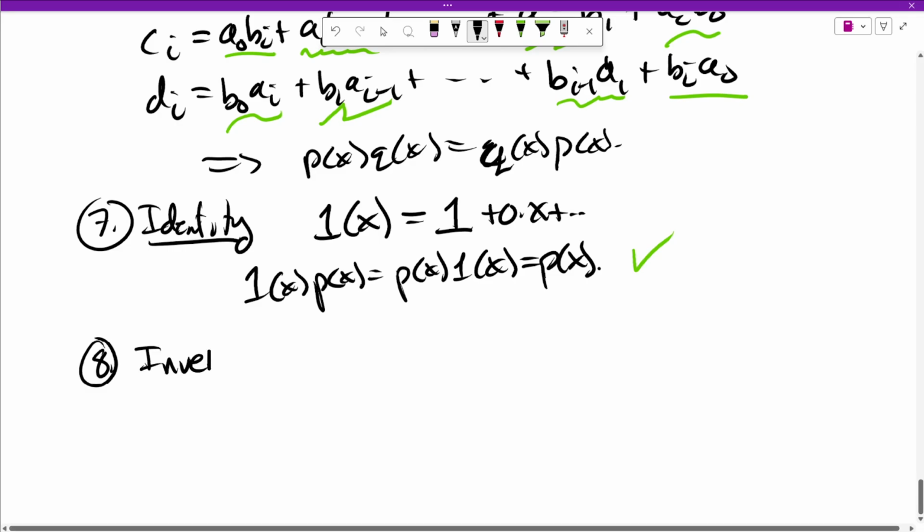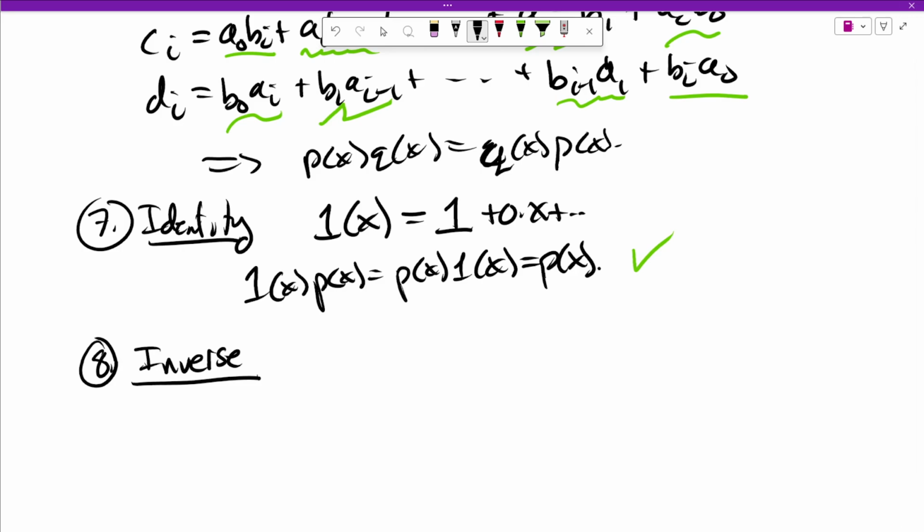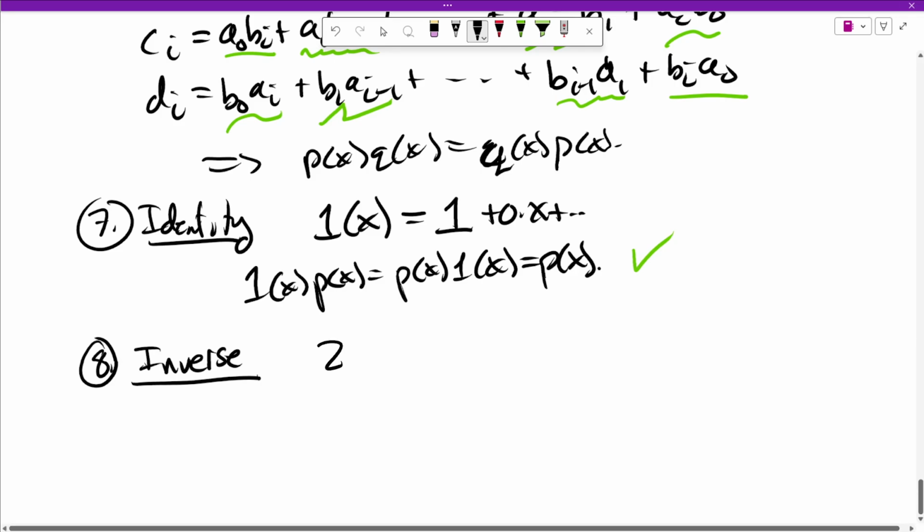Inverses. So there are a lot of field axioms. This is a longer video. Inverses. Well, we're going to find that these don't really exist, and there are only very special cases where there's an inverse, and this is kind of unsurprising. Namely, Z doesn't have multiplicative inverses.